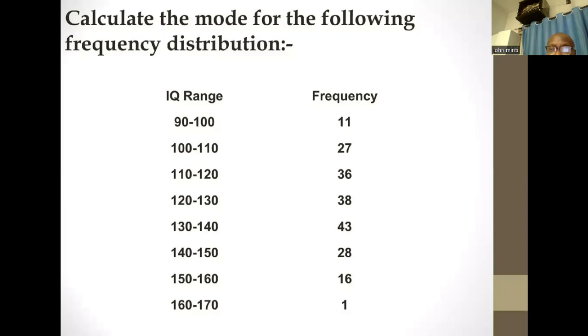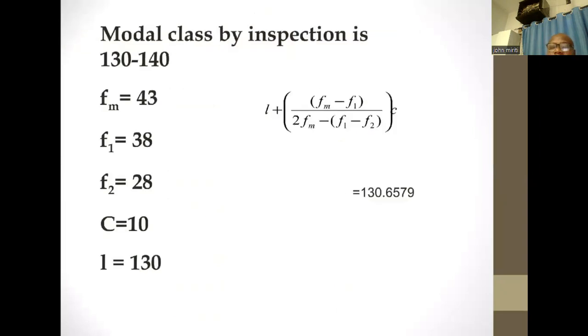After that, you put up your formula, where you say lower limit plus frequency of the mode minus frequency of the class before the mode, divided by 2 times the frequency of the mode minus the frequency before the mode minus the frequency after the mode, times the length of the class. And in that case, you get 130.6 as the mode.